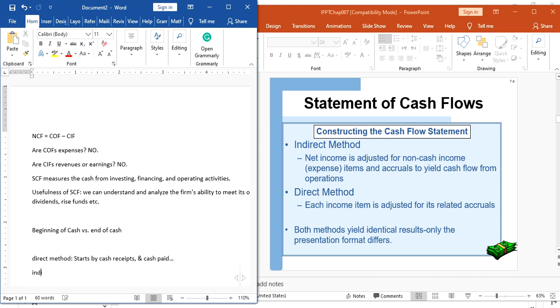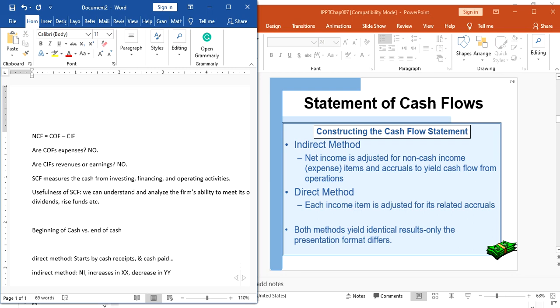What about the indirect method? Net income will be placed at the top of the statement, and then the other items will be expressed in this way: increase in this account, decrease in this account, like this.